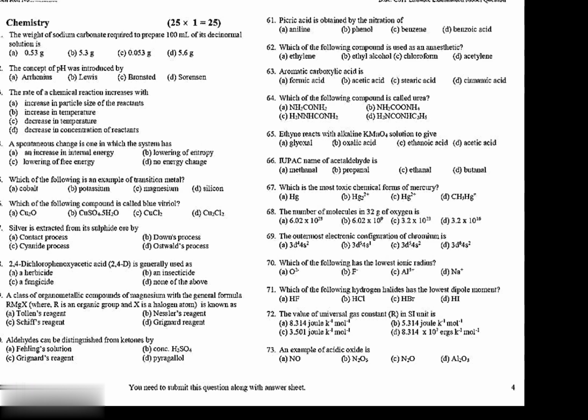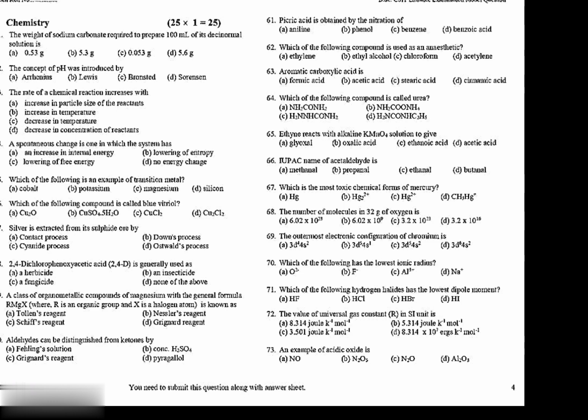64. Which of the following compounds is called urea? NH2CONH2, NH2COONH4, H2NNHCONH2, or H2NCONHC2H5. 65. Ethylene reacts with alkaline KMnO4 solution to give: glyoxal, oxalic acid, ethanoic acid, acetic acid. 66.